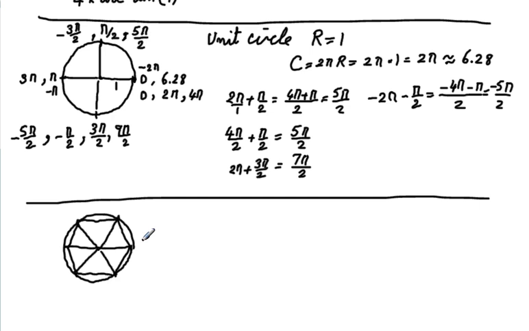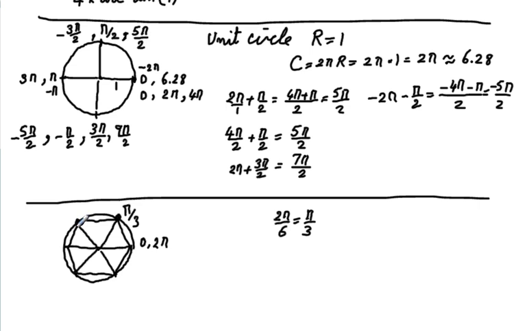Again, if you start from here and make it all the way back, we are going to be at 2 pi. What would be the location of this point then? We have gone through 1/6 of the entire trip. So 1/6 of the entire trip, you can write it as 2 pi over 6, or you can write it as pi over 3.